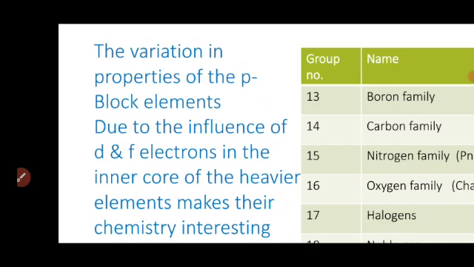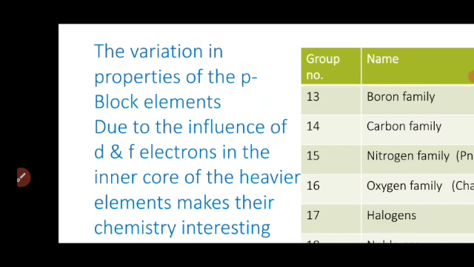Before that, whichever orbits are present in an atom, they are called as inner core. So these inner core orbits are filled either in d orbitals or in f orbitals for the heavier elements, and this makes their chemistry interesting.